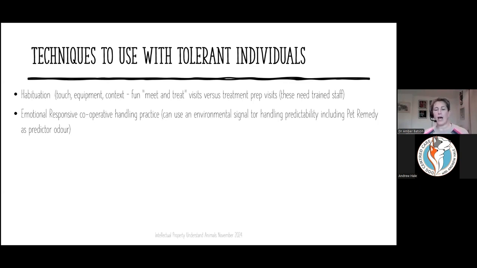So if at home we've got the dog familiar with the odour from a distance and it's on, let's say, a stripy beach towel, and now when we get that scented beach towel out, the caregiver does some massage with their dog because their dog loves that. They do some gentle play or lick mat or forage mats, gentle treat search, because their dog is calm but very positive about that. So that's what we mean by that predictor odour.